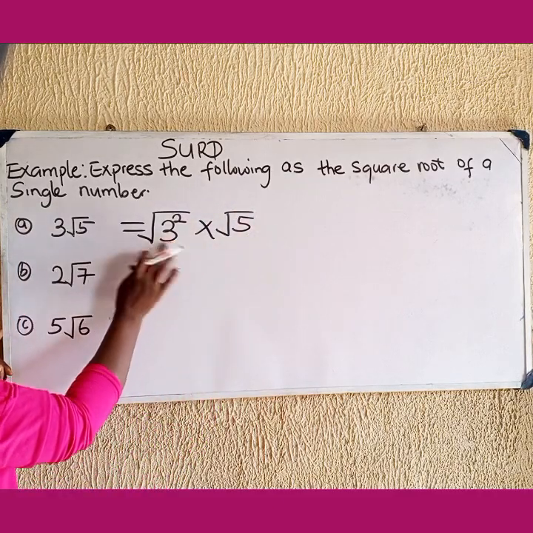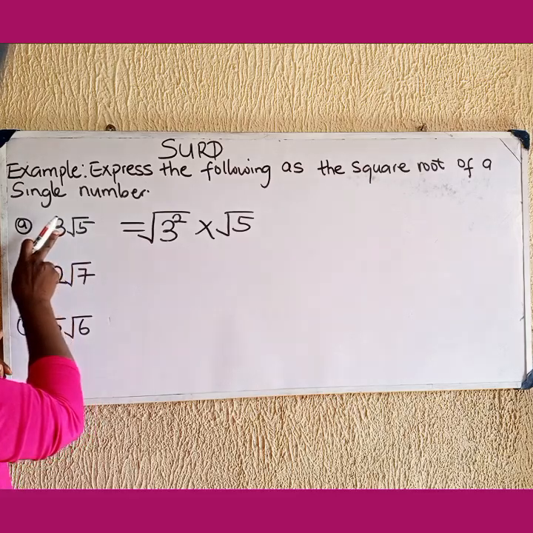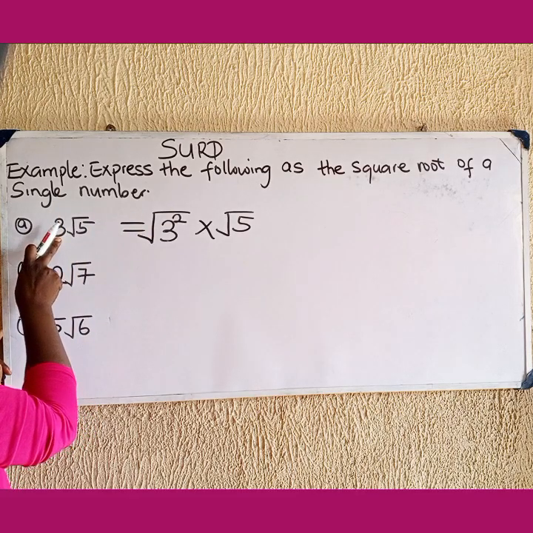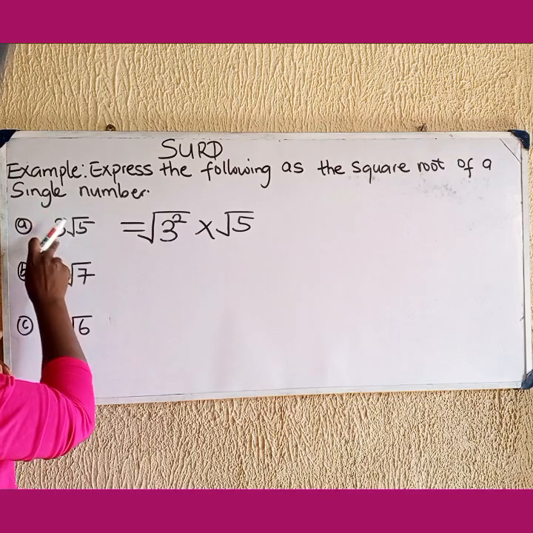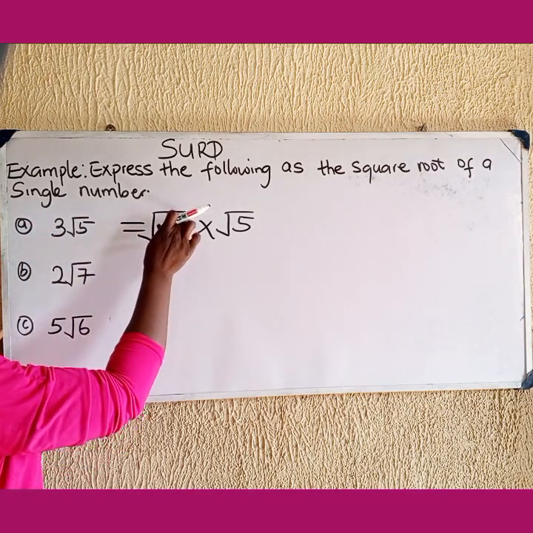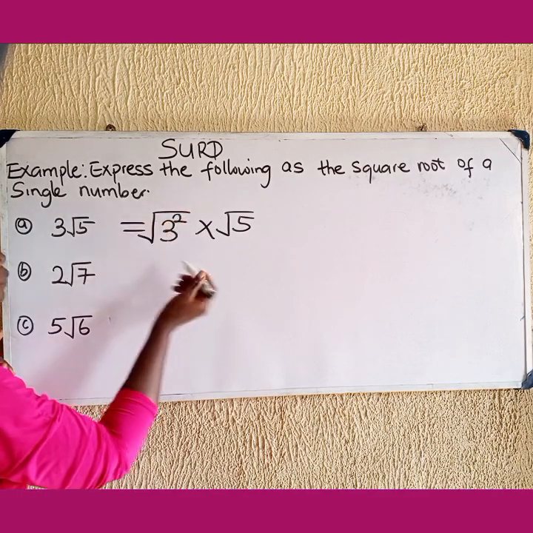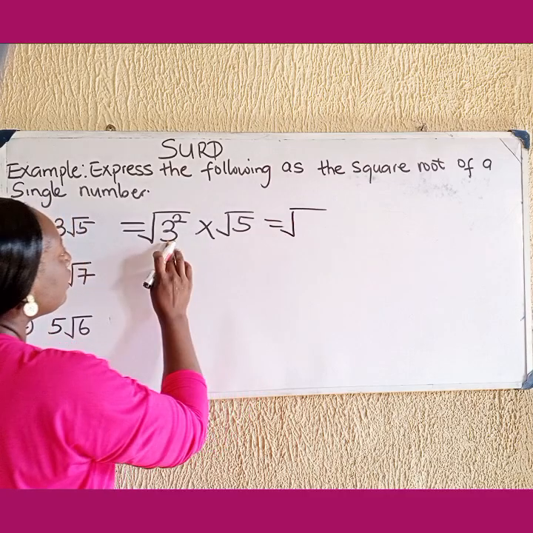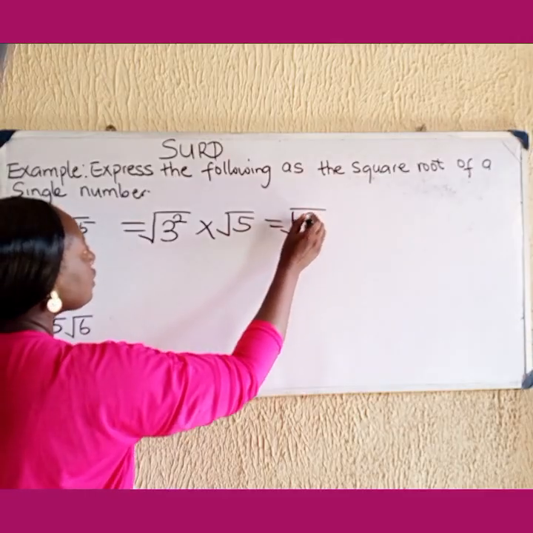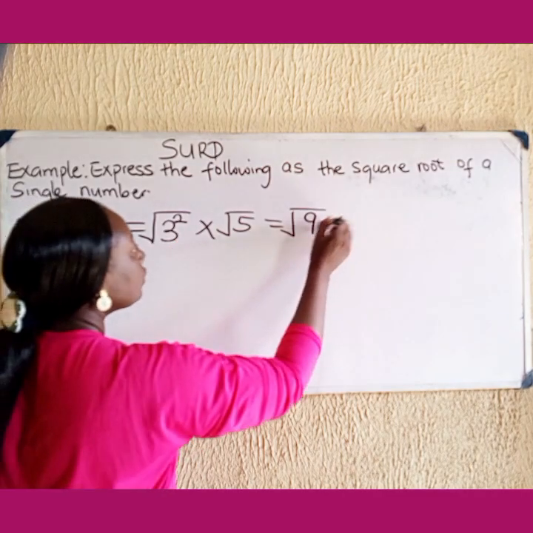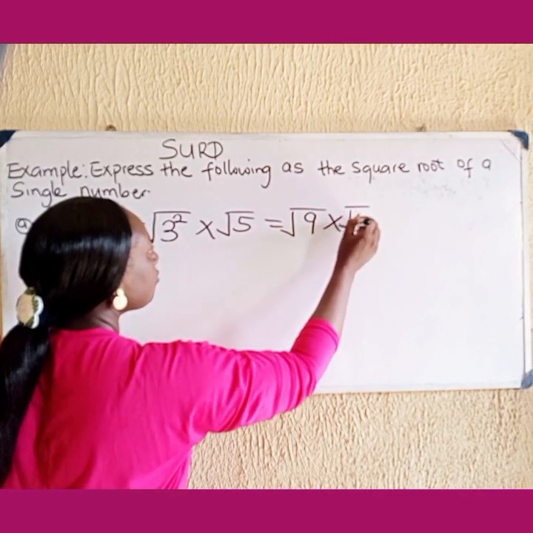This is root 3 squared, because when we find the square root of 9, we have what? 3. And when we want to take it back, we are going to square this number here. So that is why we have 3 raised to power 2, which is 3 squared. Now, the square root of 3 squared will give me what? 9. It means 3 times 3. Now, times root 5.